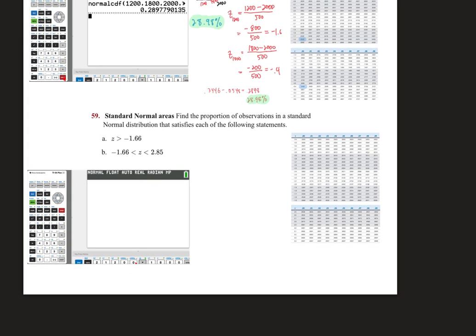Okay, last one. So now they're talking about a standard normal area. So find the proportion of observations in a standard normal distribution that satisfies each of the following statements.